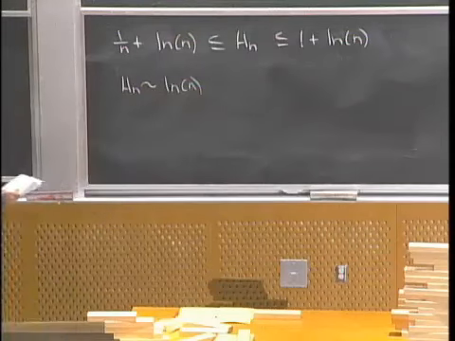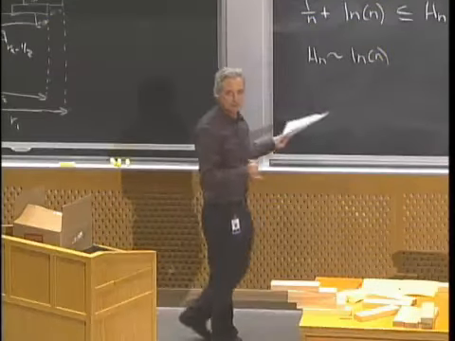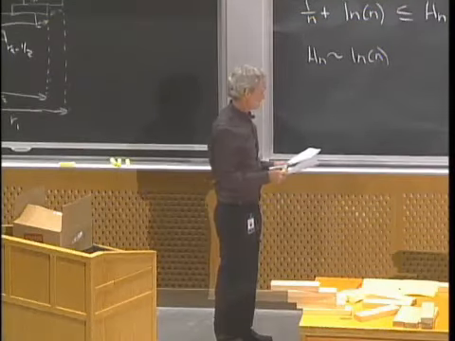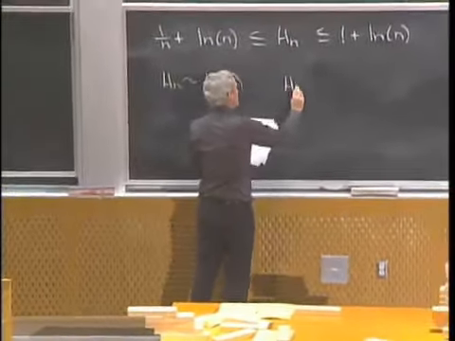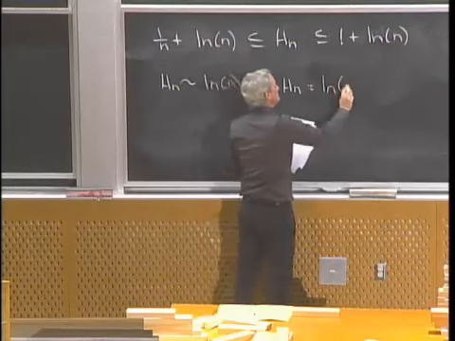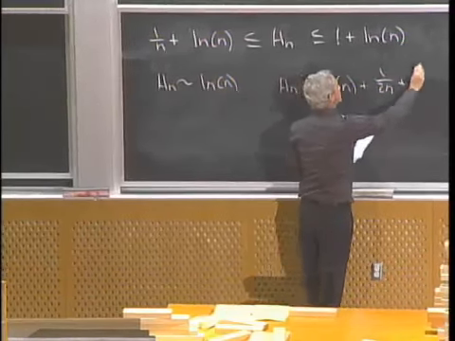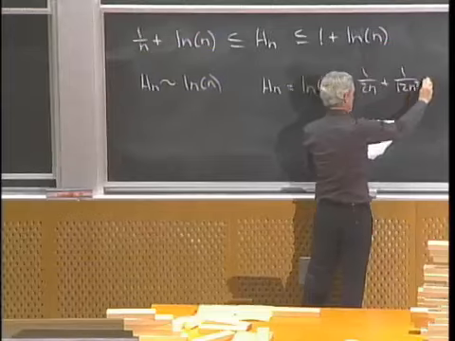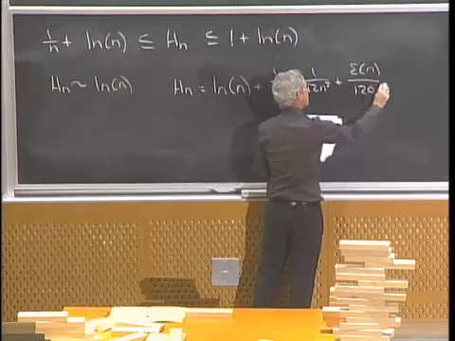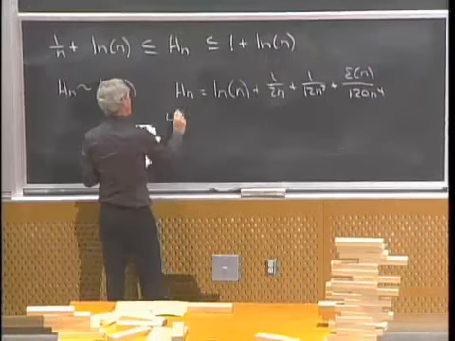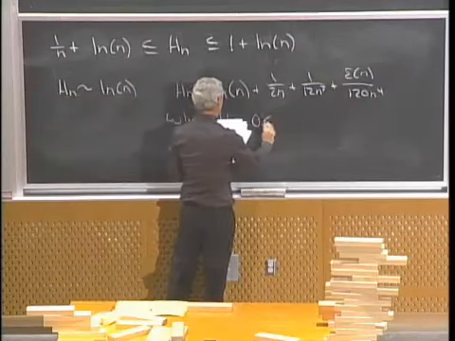Now, this is such an important function that people have gone to a lot of extra work, which we can't do in this class, to really nail down the value, get it much closer. And in fact, it's now known that it's the natural log of n plus 1 over 2n plus 1 over 12n squared plus epsilon of n over 120 n to the fourth, where for all n, epsilon n is between 0 and 1.